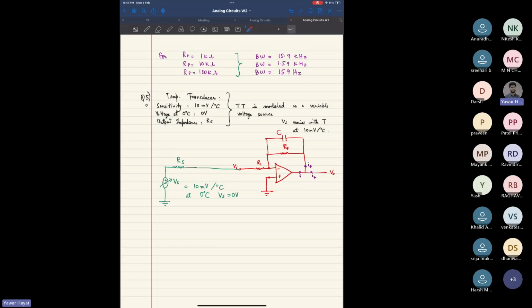How to find RS? Wait, I'm coming to that. So I hope you understood the question. That is what we need to find out: the value of the RS for which your DC gain of the circuit is maximized. First of all, what is DC gain of this circuit?